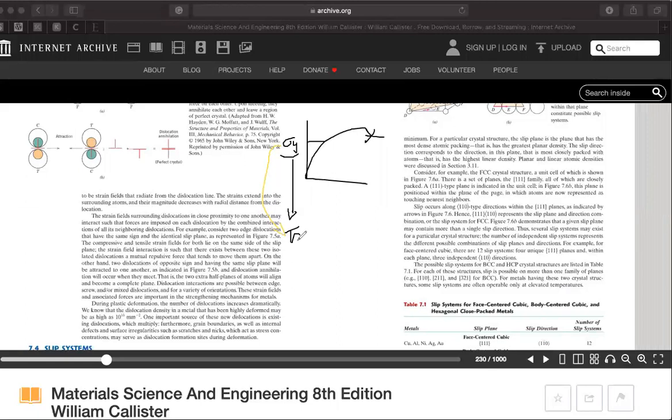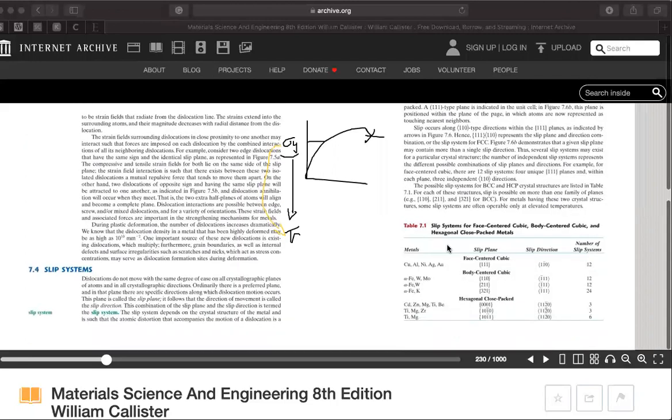So in the previous lecture, we talked about the slip system. We said that the slip system is a combination of a slip plane and a slip direction.